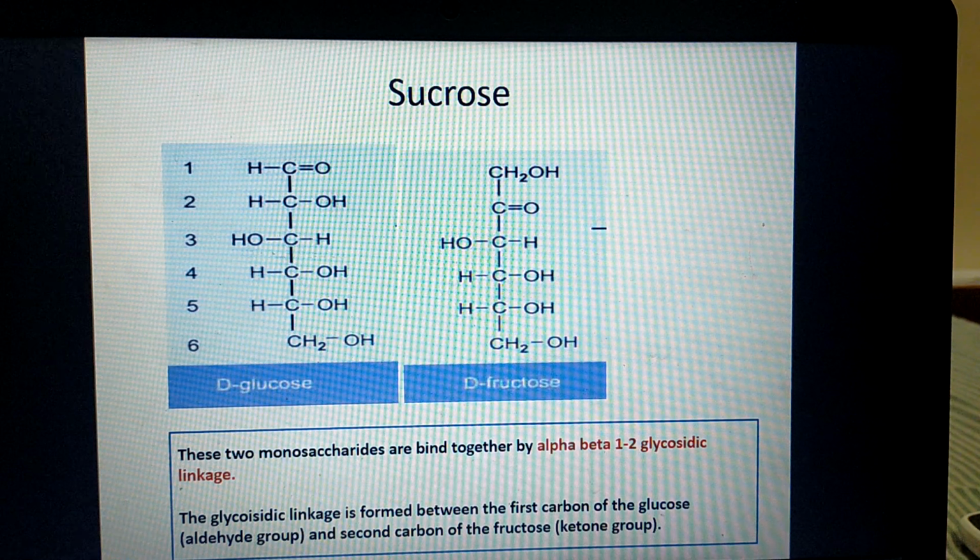So in this case, at the first carbon of the glucose molecule the functional group is present, and in case of fructose the functional group is present at the second carbon atom. As the linkage is formed between the first and second carbon atoms of these two monosaccharides, both the functional groups are involved in the linkage formation. Hence there is no free functional group. Therefore sucrose does not give a positive Benedict test and it is a non-reducing sugar.